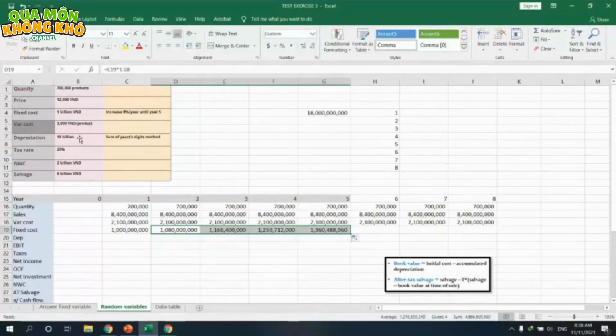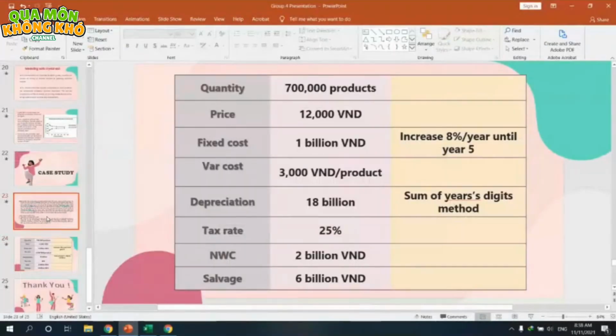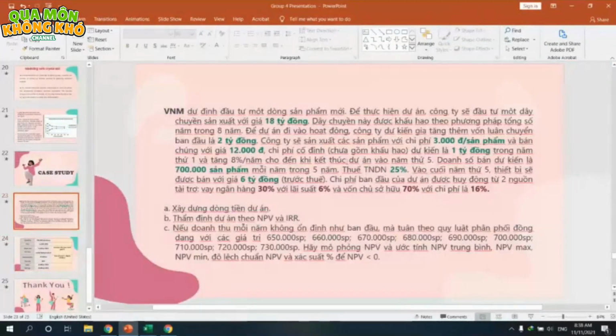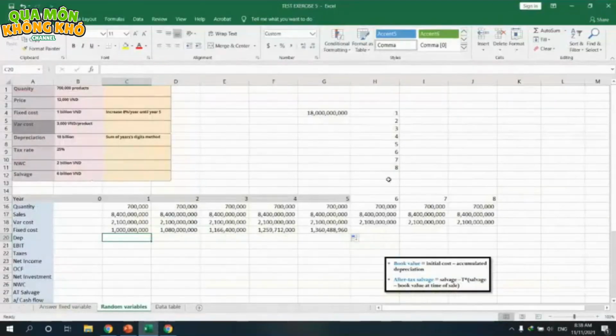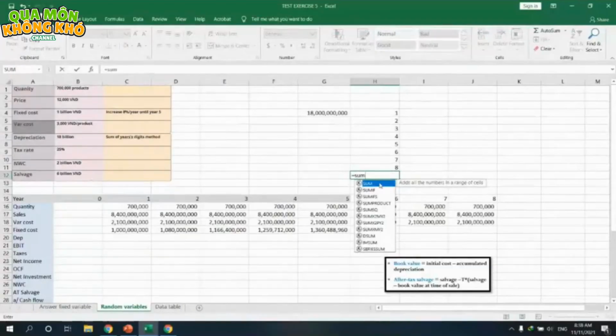And the depreciation is also said that it will depreciate in 5 years. So, because the requirement tells us to use the sum of digit method, this method will be calculated. We need to sum the total years we have from year 1 to year 8.